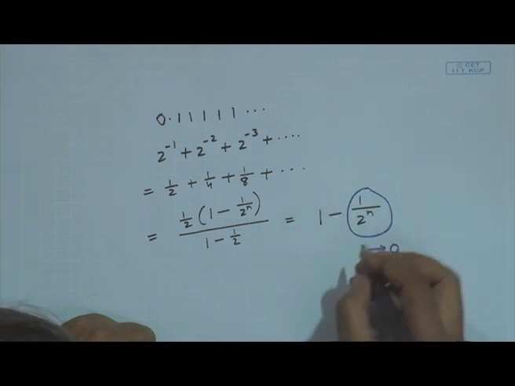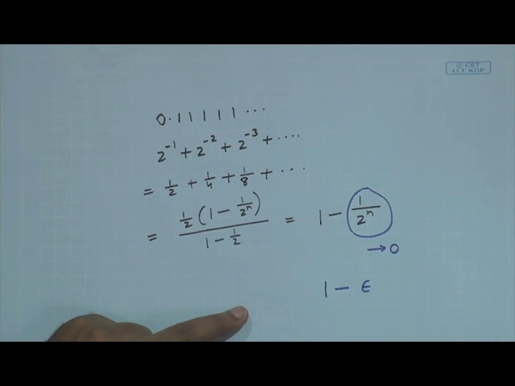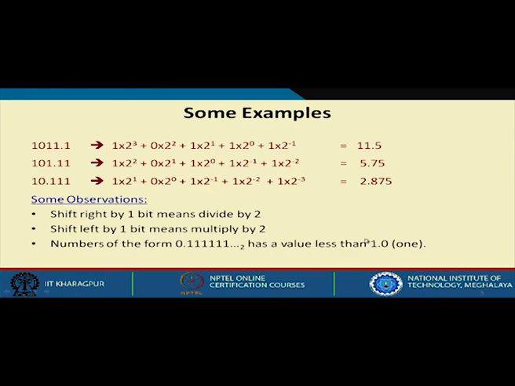So, this fraction you can write as 1 minus a very small value epsilon. This actually tends to 1 as n tends to infinity. So, this is exactly what we mean here. A number which is of this form will always have a value less than 1. In the limit, it will approach 1.